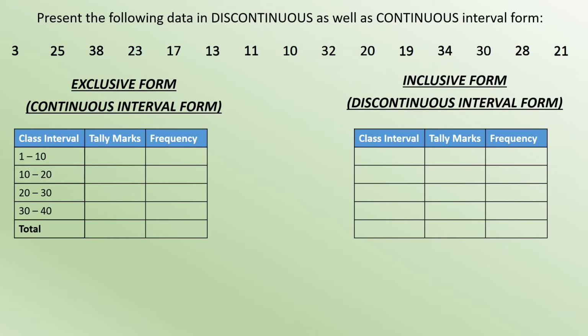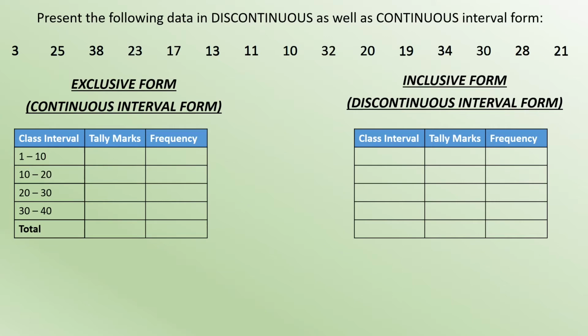Now we have decided this class size, or as we have seen in the first slide of this grouped frequency distribution, we have to make groups depending upon the data. So here we have made groups of size 10 because our data ranges from 3 to 38. The minimum number available to us is 3 and the highest number is 38.